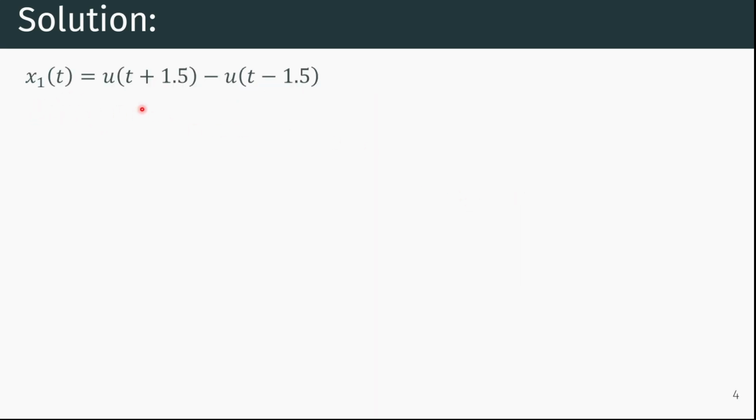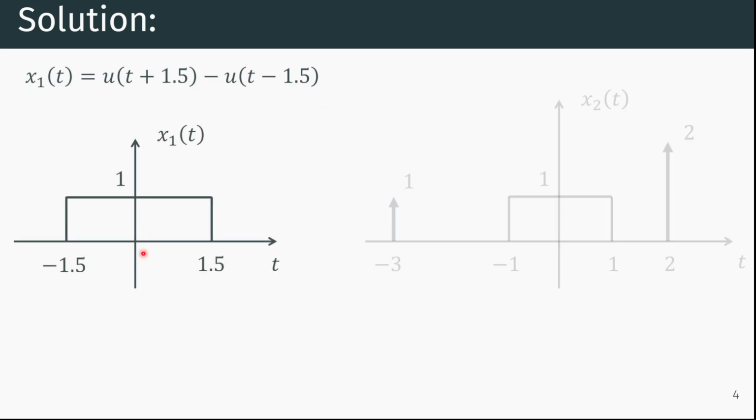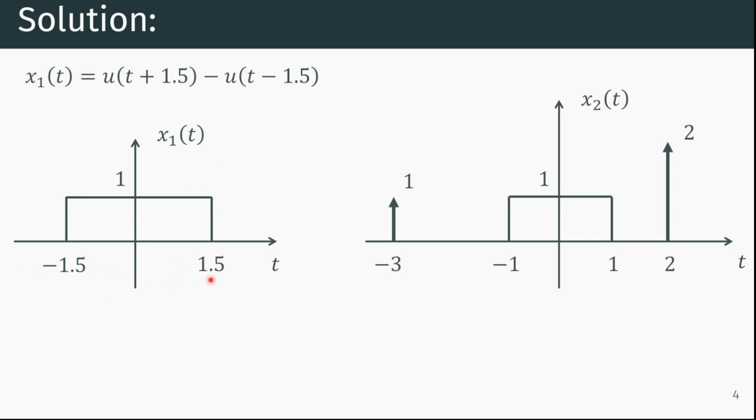But what is x1 of t? X1 of t is given to be u of t plus 1.5 minus u of t minus 1.5, the plot of which is given here. So it is a rectangular signal from minus 1.5 to plus 1.5 with amplitude 1. And recall that x2 of t is shown in this figure. The area of x1 of t is just a rectangular function from minus 1.5 to plus 1.5 with amplitude 1, and hence it has an area of 3 units.